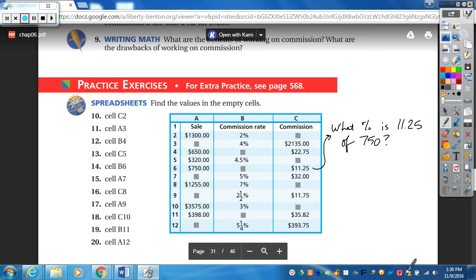Okay. Now again, I would probably do this just as a proportion. I wouldn't try to put it in a normal equation here. So if I go ahead and do that, is over of equals the percent over 100. Okay. So again, I know you guys know how to solve that, so I'm not going to give you the answer there.